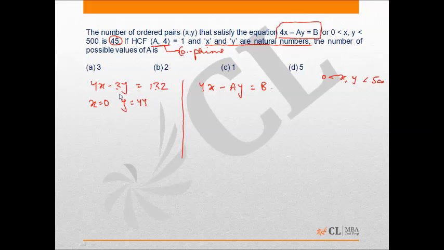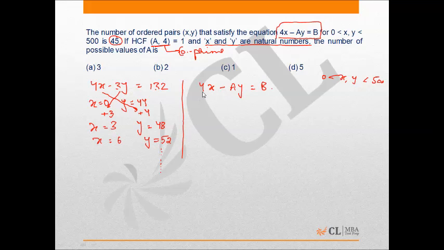Now the next solution would be 0 plus 3, and the next here is 44 plus 4. I have done plus and plus on both sides because there is a difference, so if x increases, y also increases. So my next solution would be 3 and 48, my next would be 6 and 52, and so on, right?